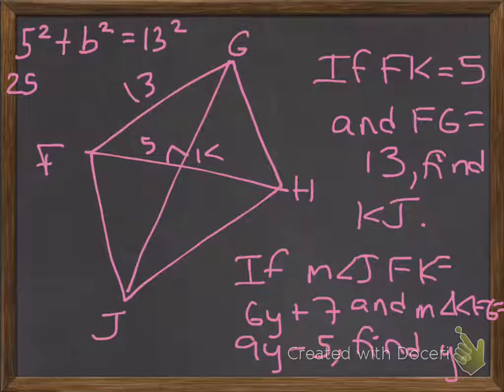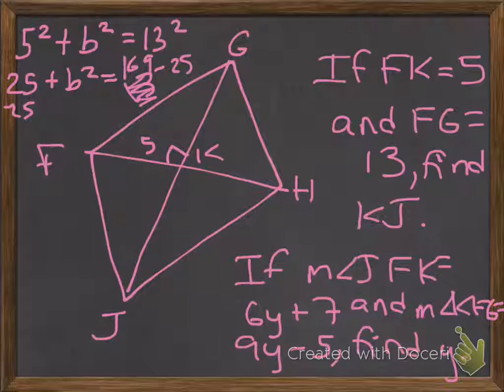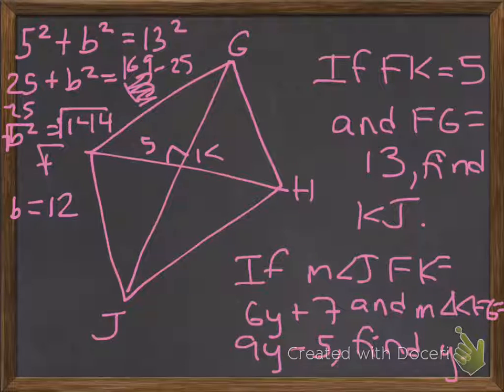So we're going to solve for B. That gives me 169, and then I'm going to subtract 25 to get 144, so B squared is 144. That makes the square root of B squared 12, or GK is 12, so we can say that JK is also 12.